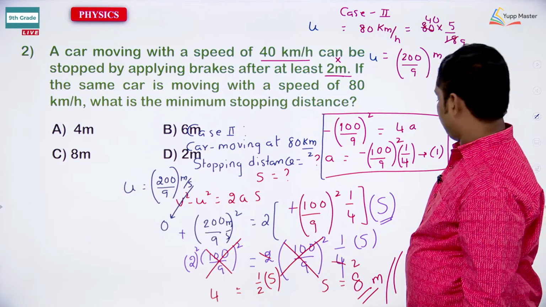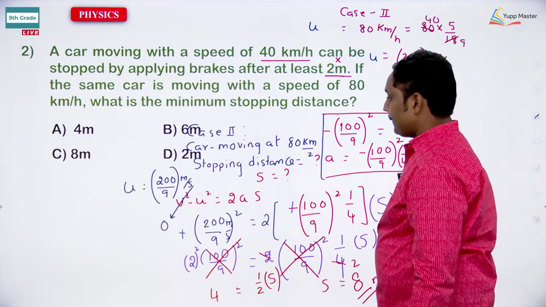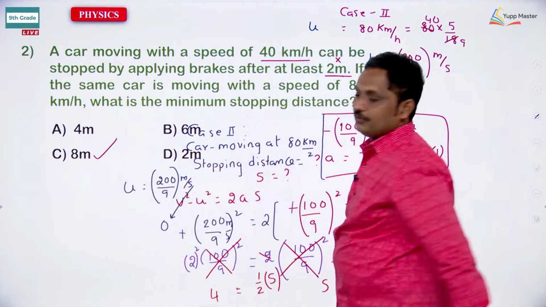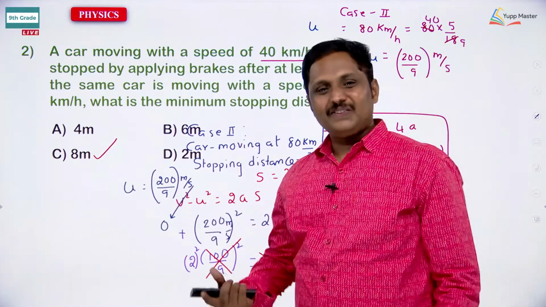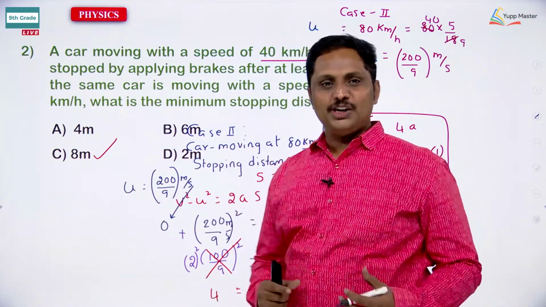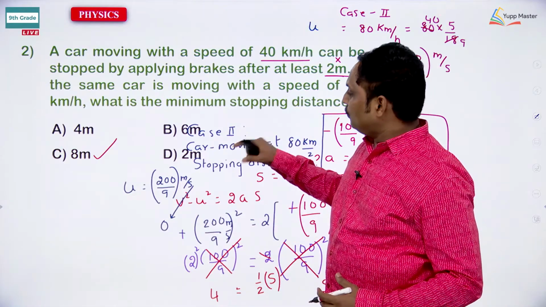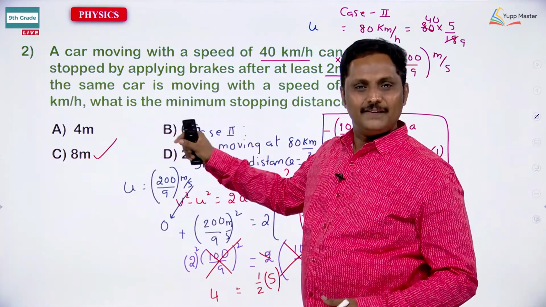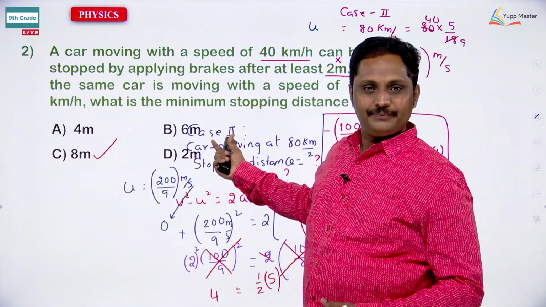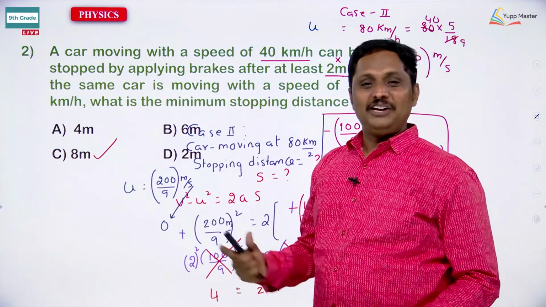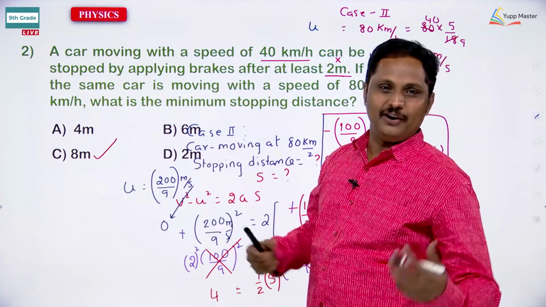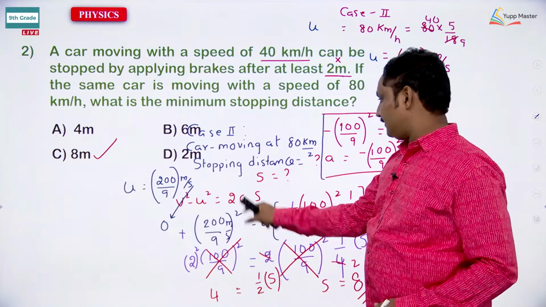So see that answer which is suitable for you. This is the correct answer for this one. In this given question, you may get the speed of the car, the same car, if it has been stopped by 8 meters, easily you will find that out, it is not a matter, you can also calculate this one.